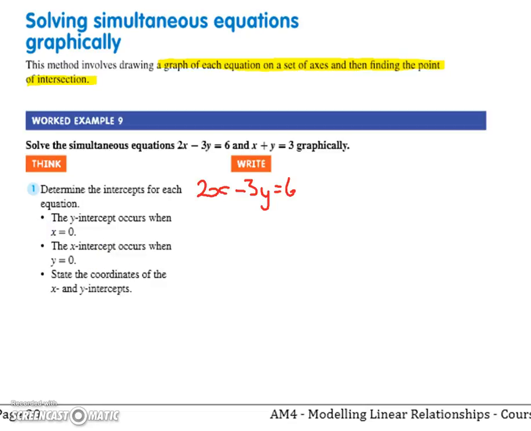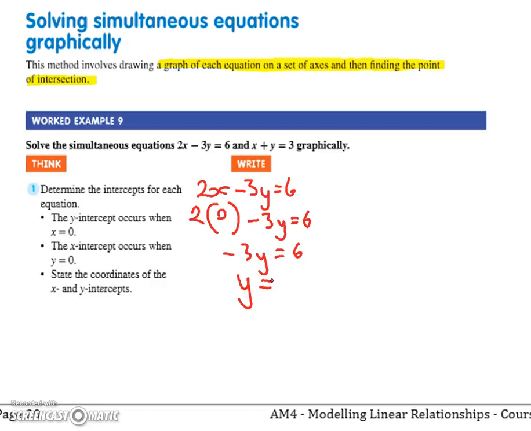We've got 2x minus 3y equals 6. Let's find the y-intercept, where x equals 0, because that's where it crosses the axis. So 2 times 0 minus 3y equals 6. What's 2 times 0? So we've got minus 3y equals 6. To get rid of the minus 3, you divide both sides by minus 3.